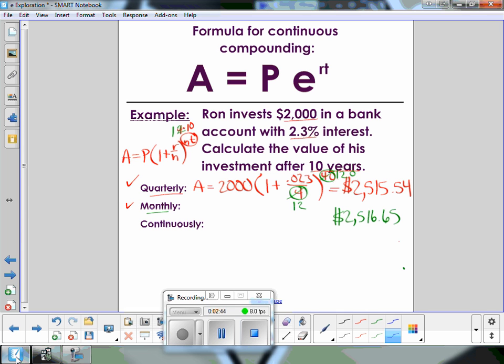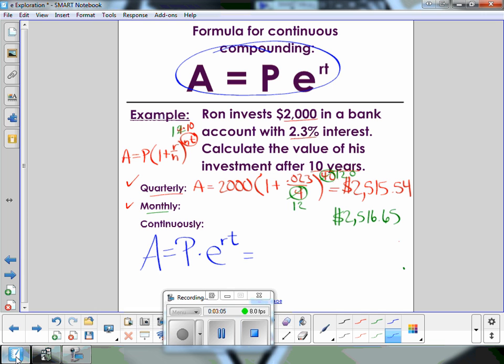With continuous compounding, now this basically breaks up the year into an infinite number of time periods. That's what continuous compounding is. And it uses a completely different formula known as Pert. You take the principal times e to the rate times the time power.